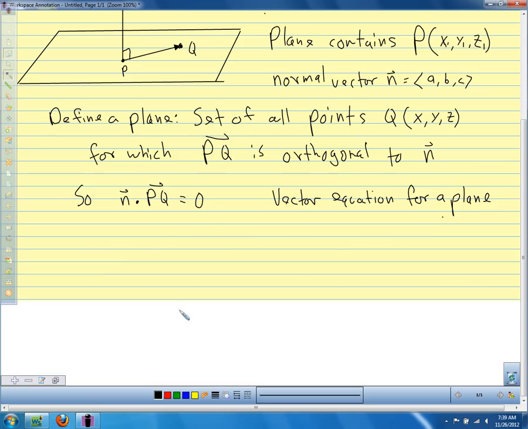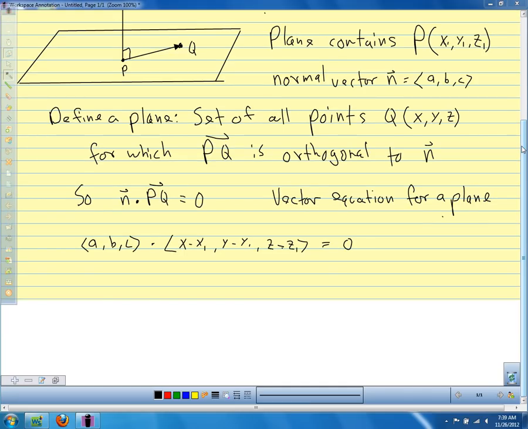So I'm just going to expand this out. We're going to say that the vector ABC dot PQ, where our expression for PQ is x minus x1, y minus y1, z minus z1. I'm just writing an expression for the vector PQ. And that dot product is 0 for all the points x, y, and z, for all points Q on the plane.